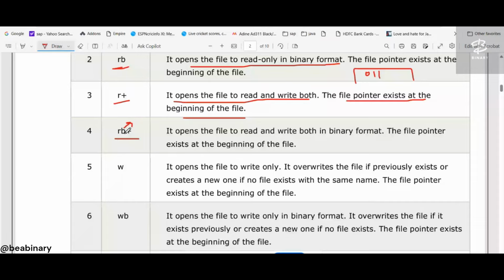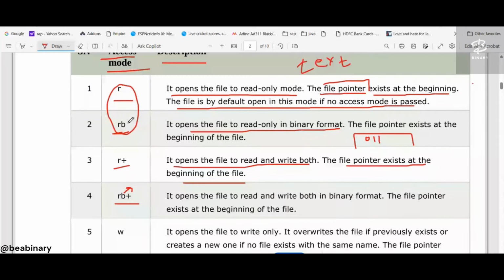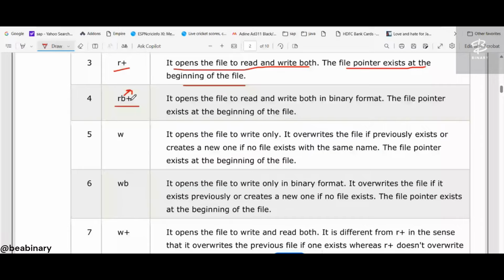So there is no difference between, for example, R plus and RB plus, or R and RB. The only difference is that R works on text mode and RB works on binary mode. Okay, so this is just for your understanding. So whenever you say R plus and RB plus, that means R plus works for text mode and RB plus for binary mode. So nothing different in that.